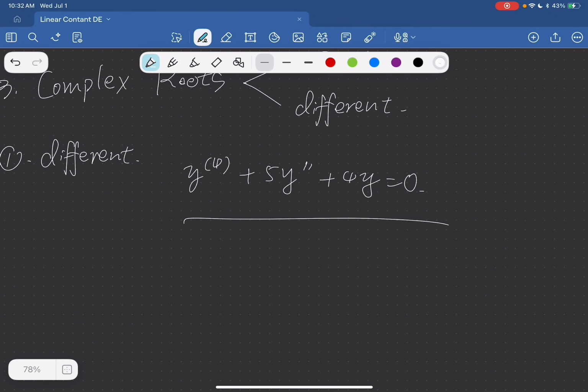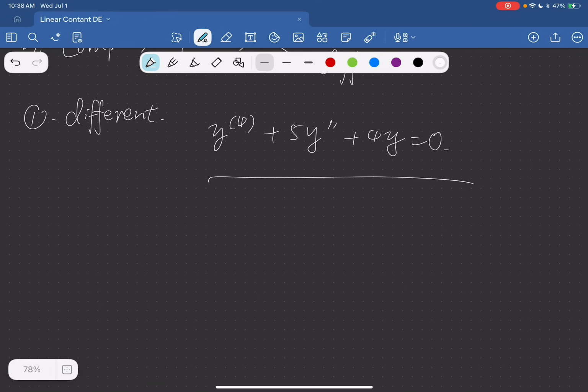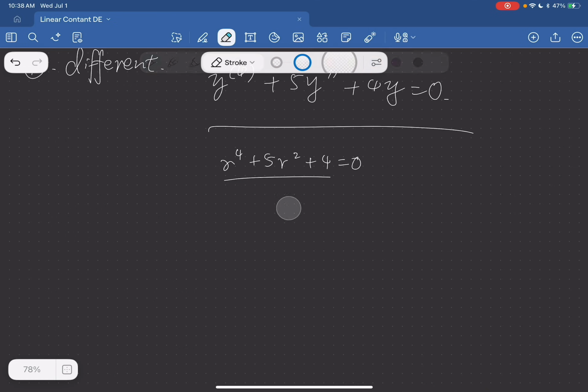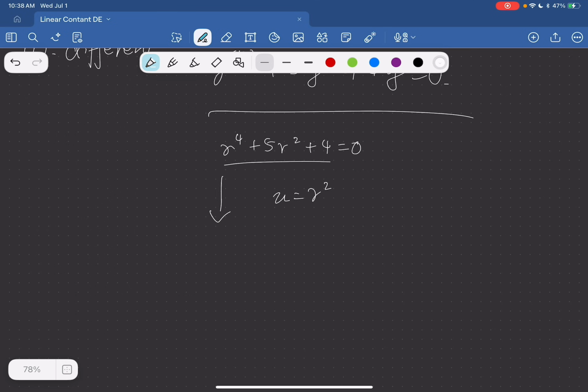So for this, we will first write out the characteristic equation. So it will look like this. And to solve this, I will set u equal to r squared. So then we can turn this into a quadratic equation.